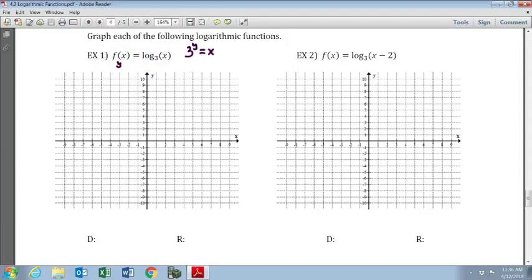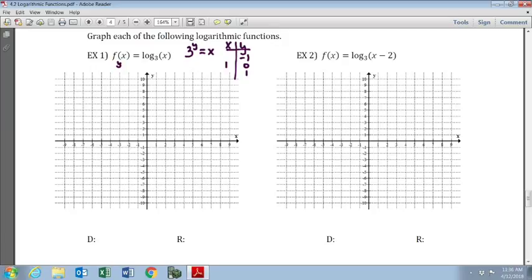Let's go ahead and make a table. Notice this time I picked my y values to be negative 1, 0, and 1 because that's my exponent, the y is. So it's a little bit backward this way, but notice if I put a 0 in for y, 3 to the 0 equals x. Well, 3 to the 0 is 1.